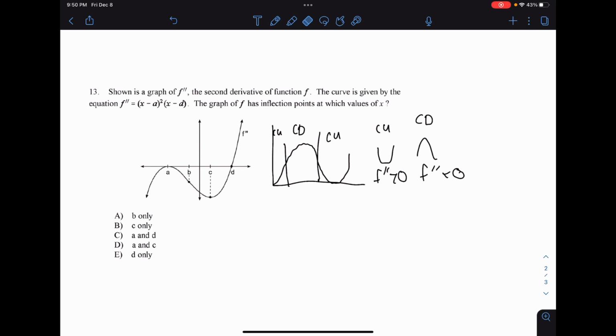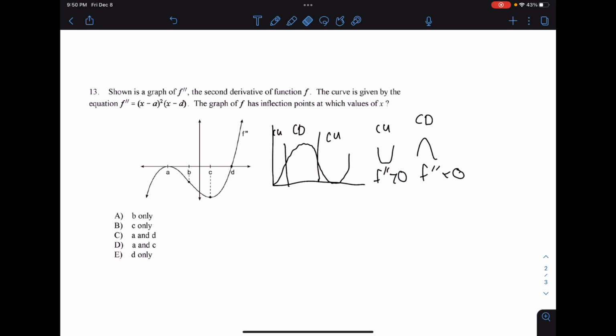So would that be the inflection point? Maybe. The thing is, an inflection point is only where the concavity changes from up to down or down to up. So if the graph goes from concave up to flat and then concave up again, that's not an inflection point. It has to go from concave up to concave down. In other words, the graph of f double prime has to actually cross the x-axis.